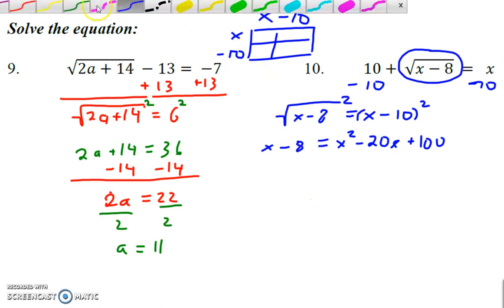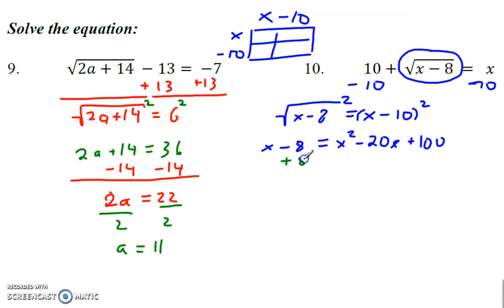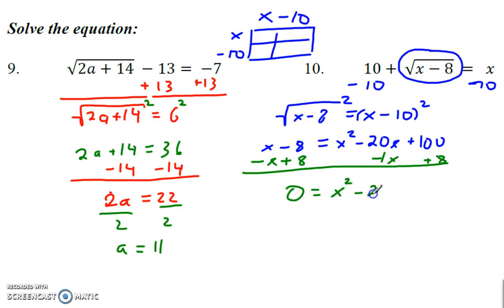Then we want to use the product property of 0, so we want to make this side 0. So we're going to add 8, and we're going to subtract the x here. Careful, that doesn't just cancel out the x. I'm subtracting 1x. So that leaves us with x squared minus 21x plus 108.